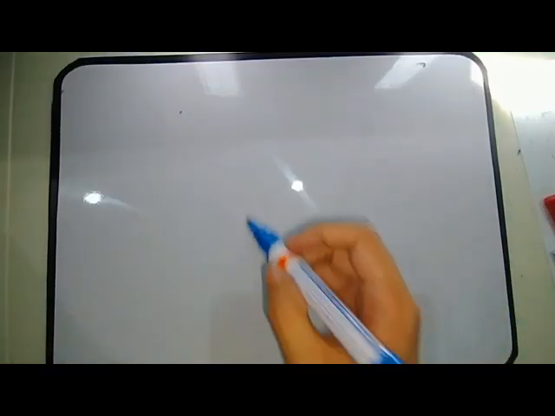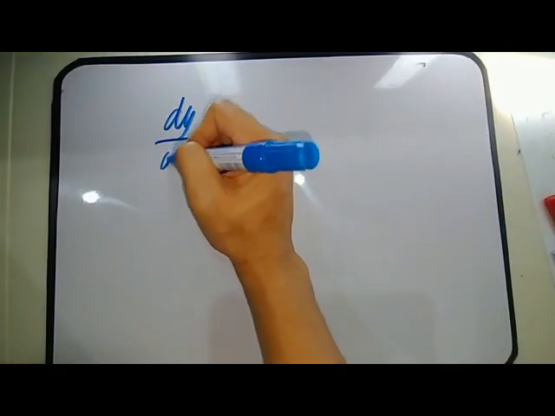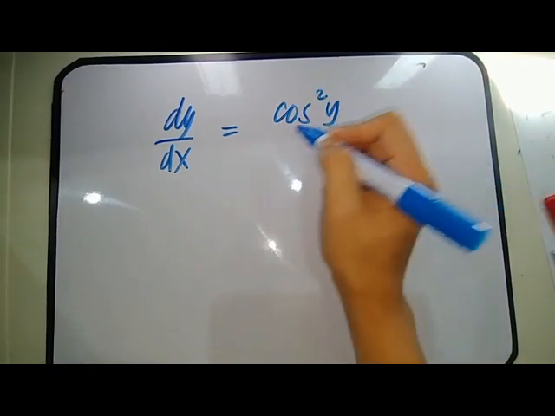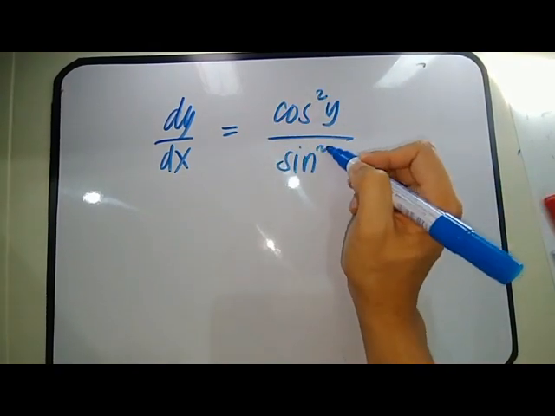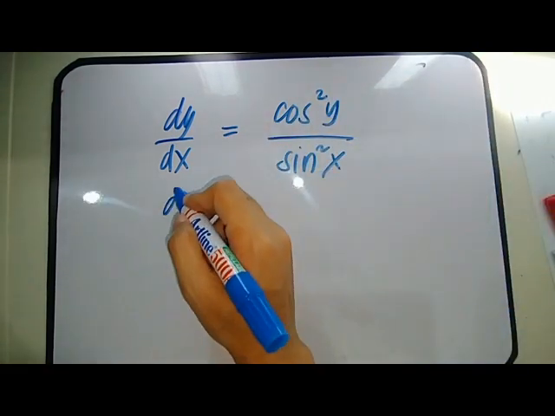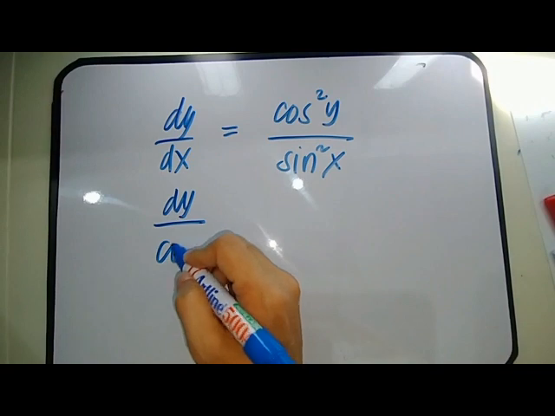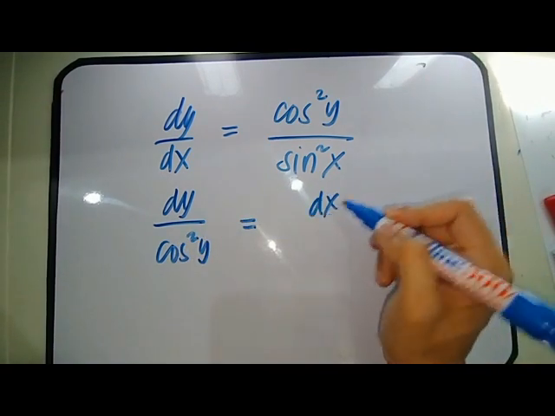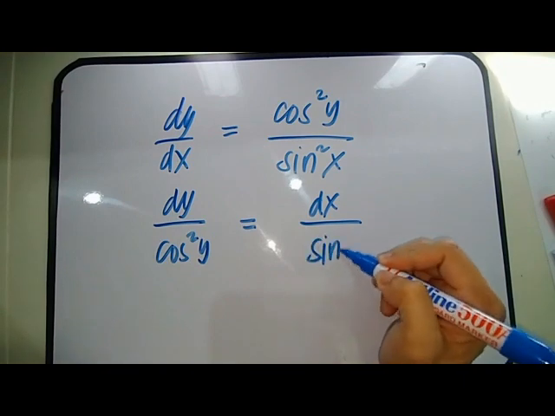So in this next problem, we have the differential of y with respect to x equals cosine squared y all over sine squared x. So separation of variables. We have here dy all over cosine squared y equals dx all over sine squared x.